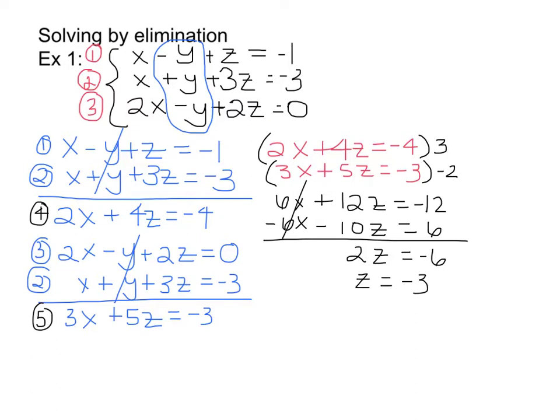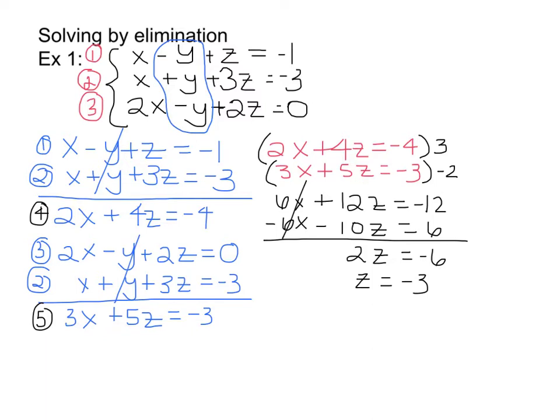So I have one of my variables now. I have z equals -3, and I need to look at my equations, 1, 2, 3, or 4. Is there an equation where, if I plug in my z value, I could easily get another variable? I hope you're noticing that this is just 2x and 4z, and this is 3x and 5z.